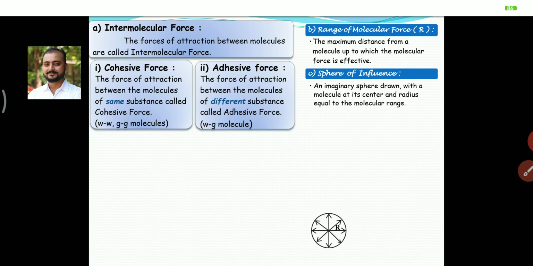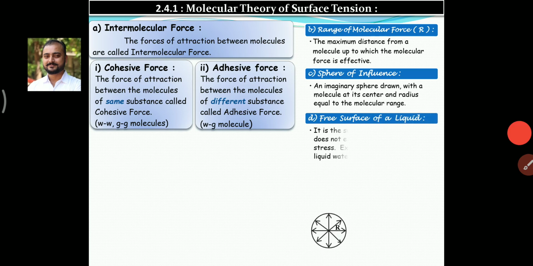He cannot control the neighboring classes. There is a certain range up to which the force can be applicable, and that is nothing but the range of molecular force, and it lies within the structure of a sphere, which is called the sphere of influence.